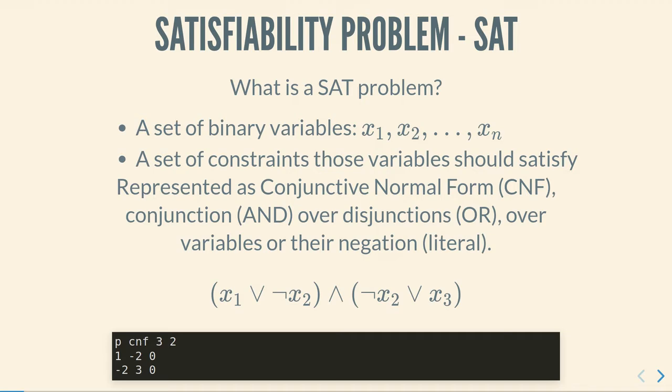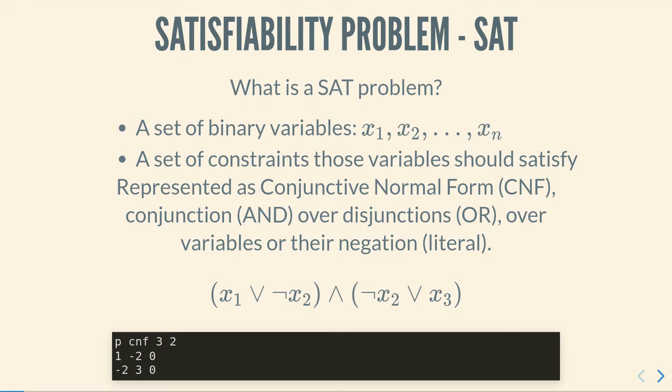This is often represented in the computer in terms of a CNF file. Below we have a CNF file representation of these 2 clauses. A clause is a constraint in this context. So, p cnf, 3 variables, 2 clauses. There's the header, and then the first constraint is 1 space minus 2 0.